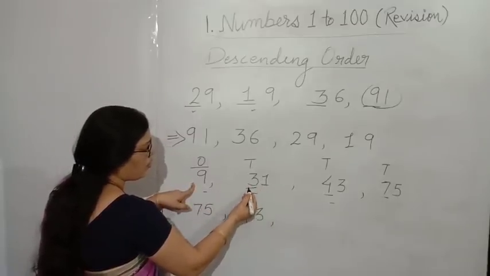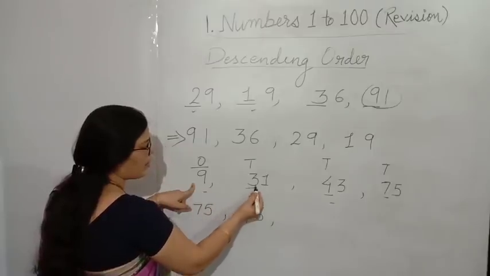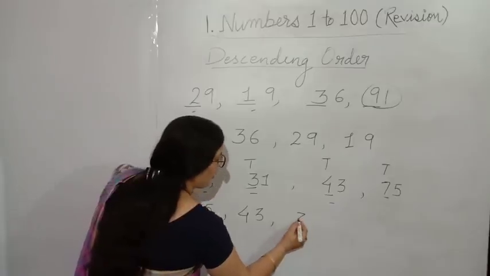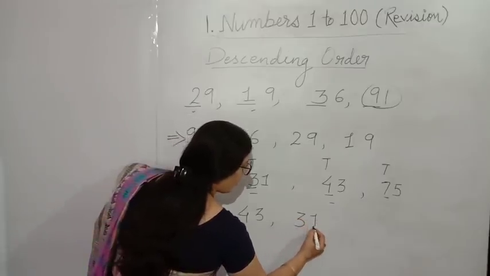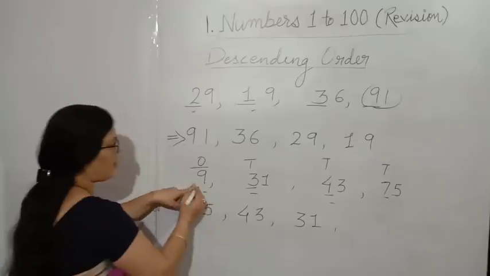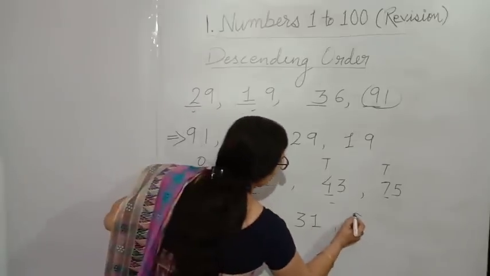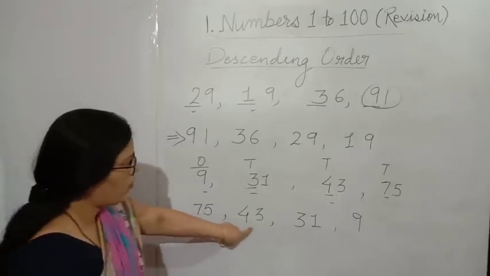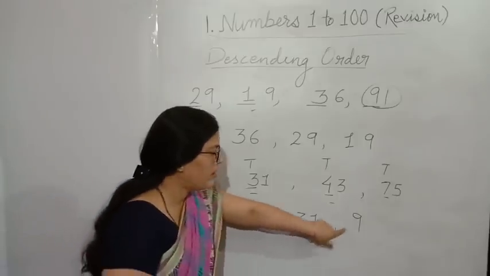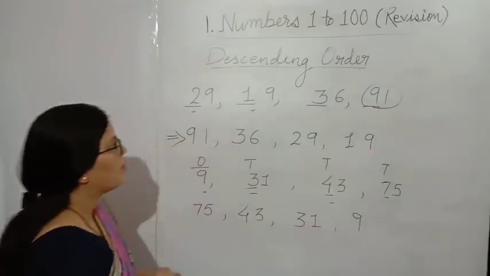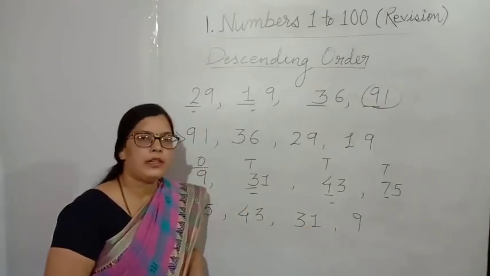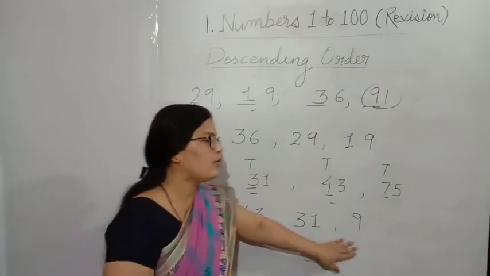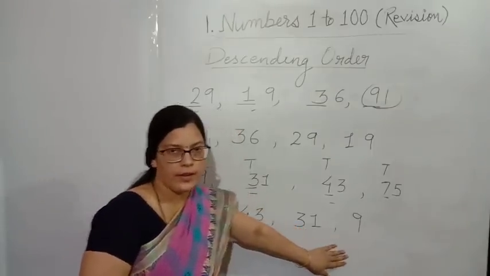Which one is bigger? Of course 31, because 9 is a one digit number, and the smallest number in this group is 9. So 75, 43, 31 and 9. In descending order we arrange from biggest to the smallest.